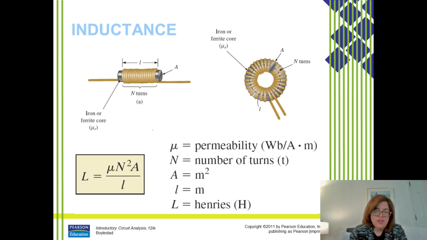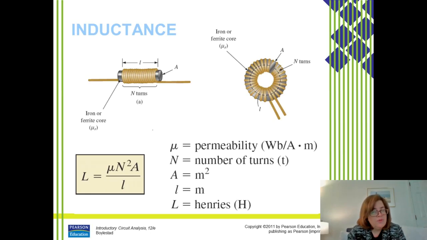So we're going to take into account the material. When you see this mu character that you remember as micro, we call that permeability. That's the ability to set up a magnetic field in the core material. Different materials will have a different permeability.